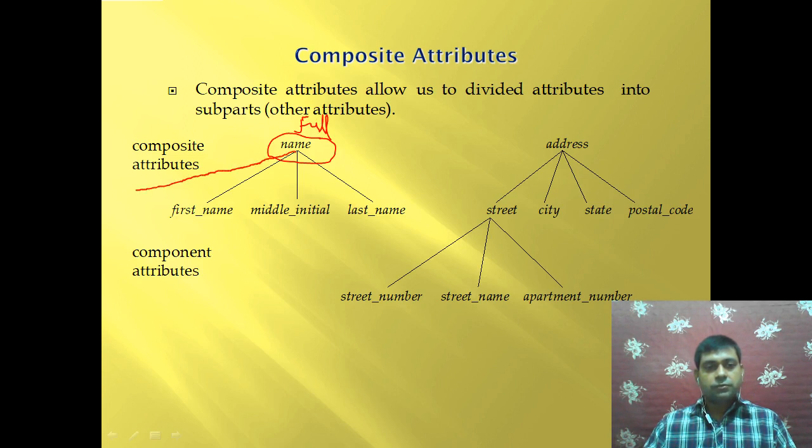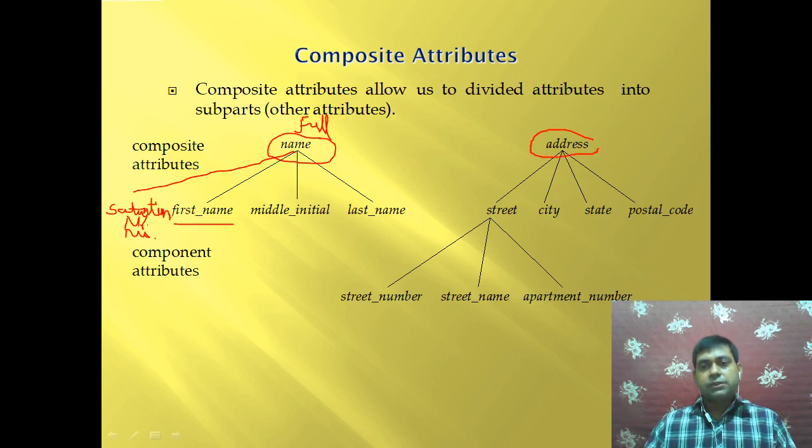There are a few more parts like salutation, Mr., Mrs., etc. So salutation we can put at the beginning, like Mr., Miss, etc. And then the first name, let's say Raju Srivastav or Rajendra Narayan Srivastav. So these are different parts of the name of one person. So what we say is that this full name is a composite attribute, right? Because it can be divided into parts.